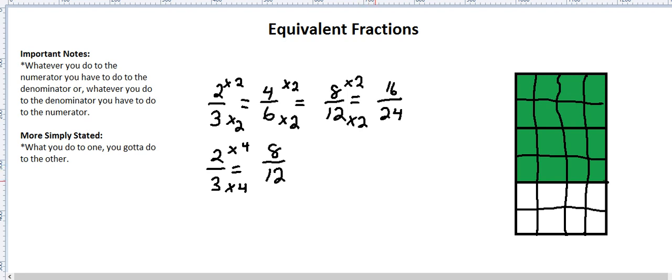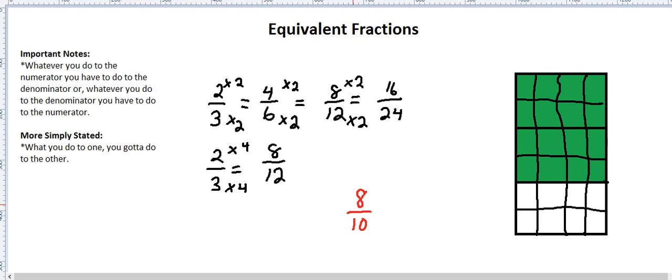You can also do it through division. Now I'm not going to draw a picture for this. I'm actually going to switch to red just so you know that I'm talking about a different problem here. So say I have 8/10. Like I said, what I do to one, I got to do to the other. I showed you with multiplication, but I can also divide.